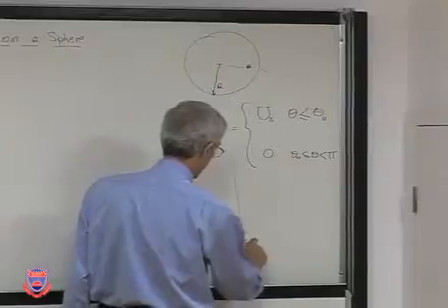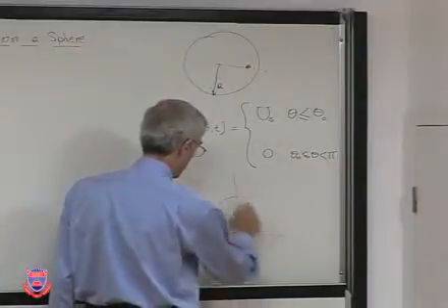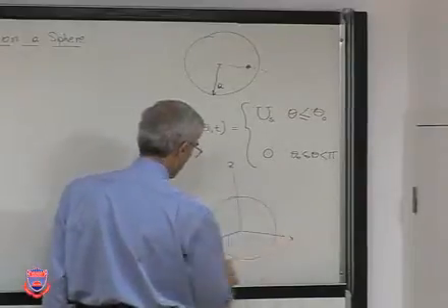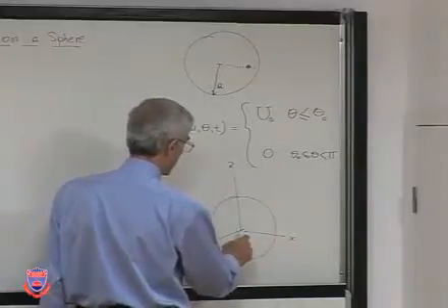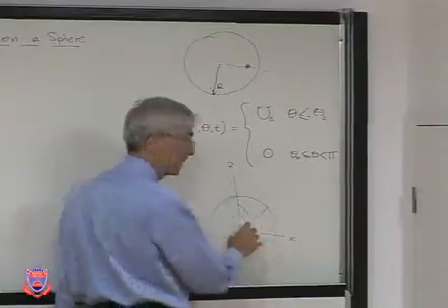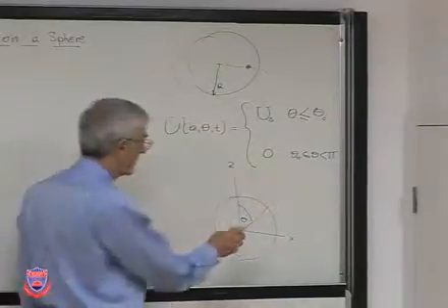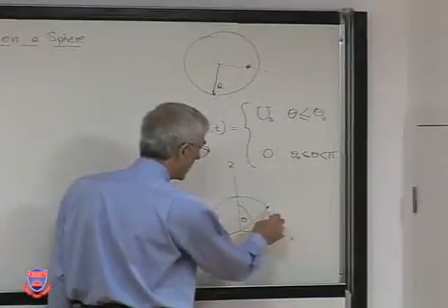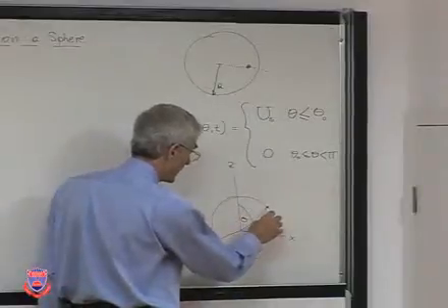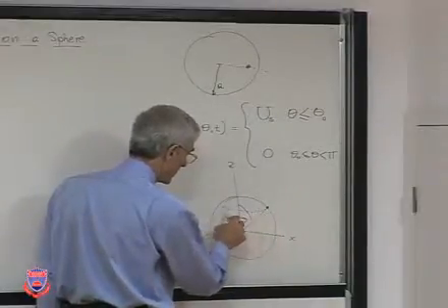This is our spherical coordinates, as you remember. We said this is an angle theta from the z angle, and all points at angle theta are like this.